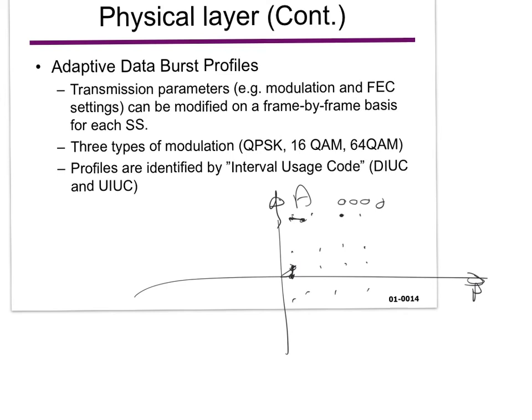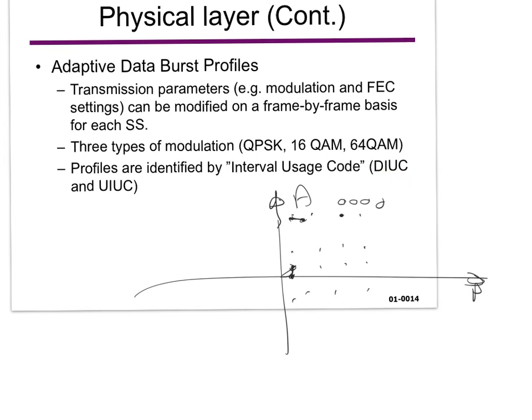So if the traffic coming from the user is loss tolerant, I can comfortably increase the modulation, because even if there is some packet loss, there's no problem, because the traffic is already tolerant to packet loss. So I can use this idea for service differentiation. Okay, so that's very important.